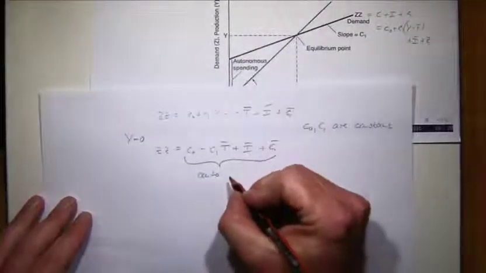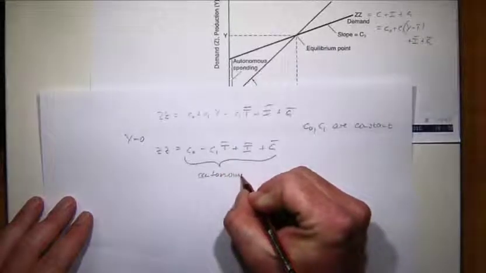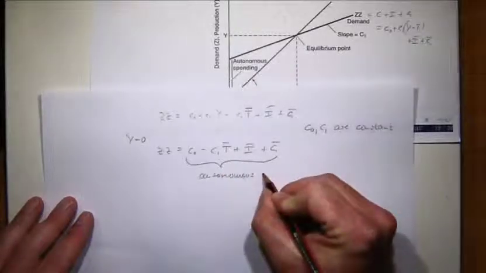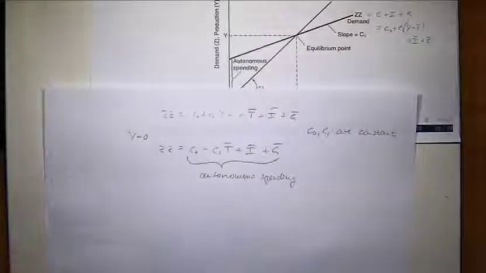So this is autonomous spending. Okay, because it's independent of the level of output. So if I vary output or the income for this economy, this stays constant.